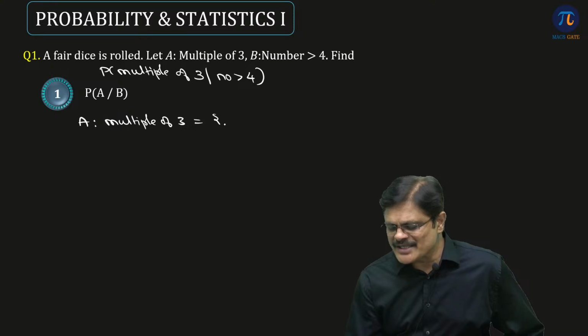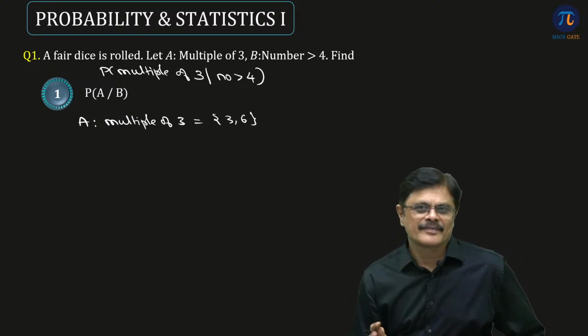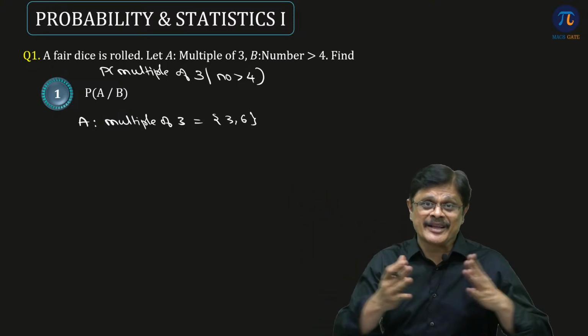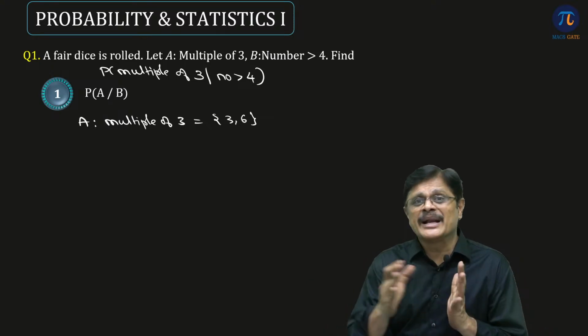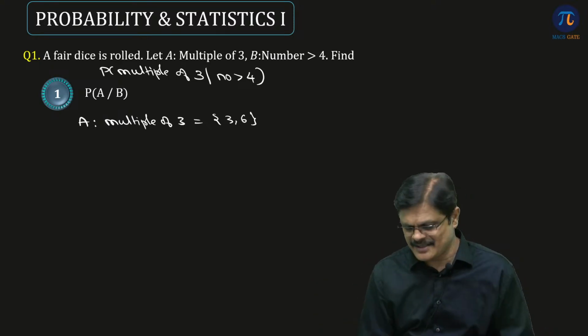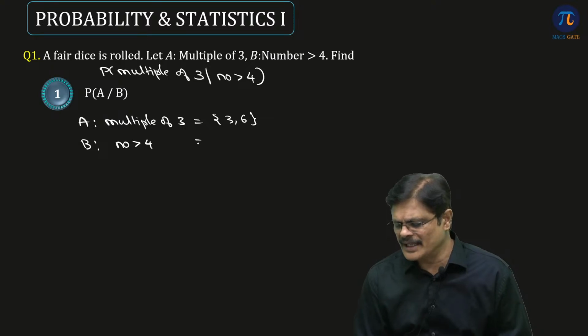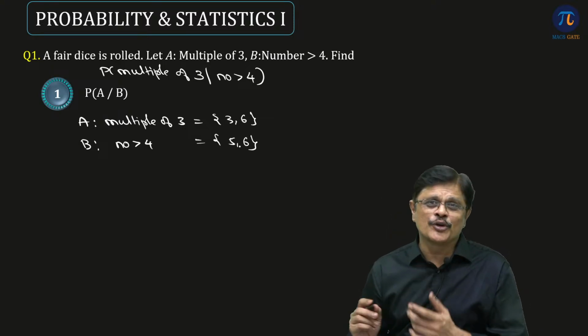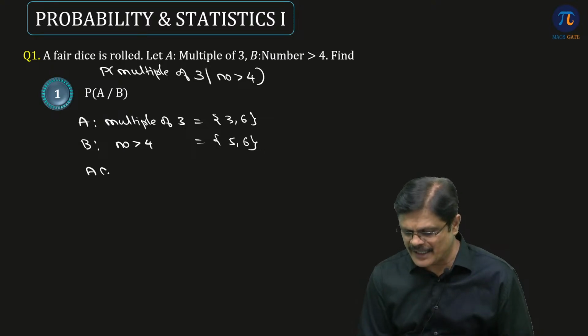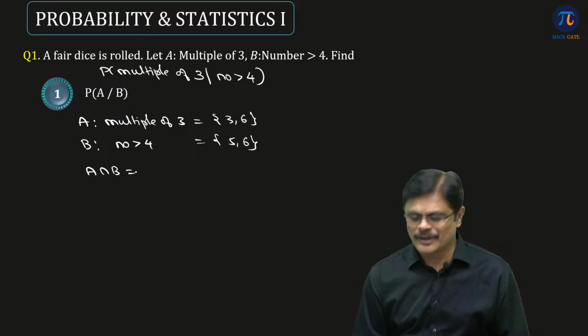Multiple of 3 means what? 3, 6. I am talking about the entire sample space, when the dice is rolled. B is the event that we get a number greater than 4, that is 5, 6. Now you know event A, you know event B, then you can also find A intersection B. What is A intersection B?